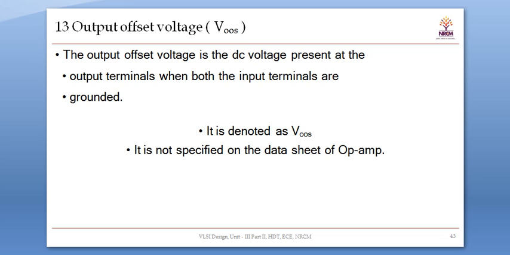Power consumption is denoted by P suffix C, and the value for the 741 IC is 85 milliwatt. So this is about various electrical parameters.